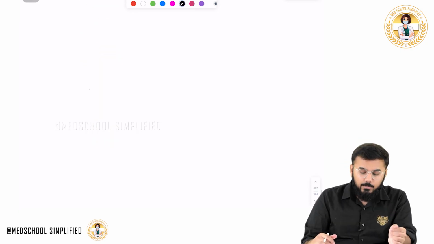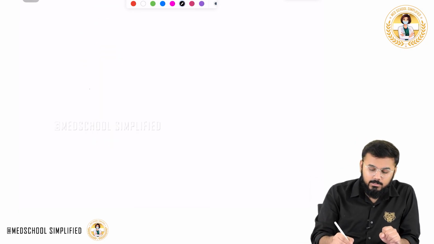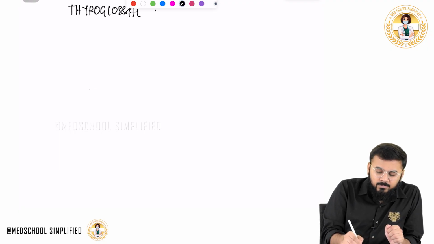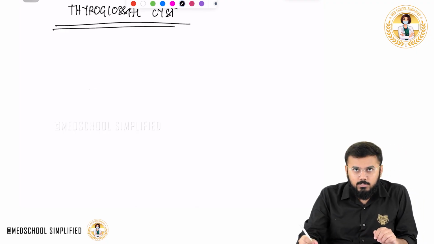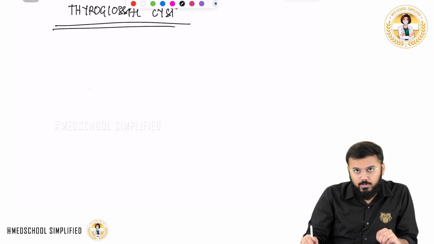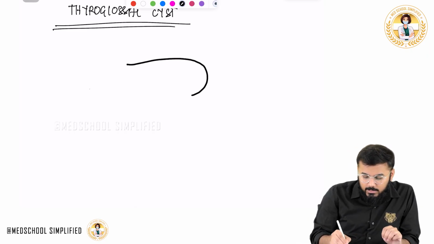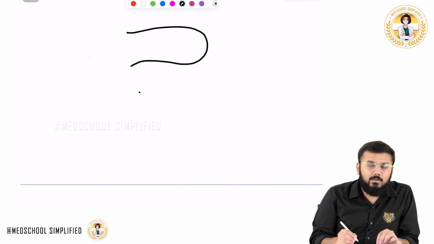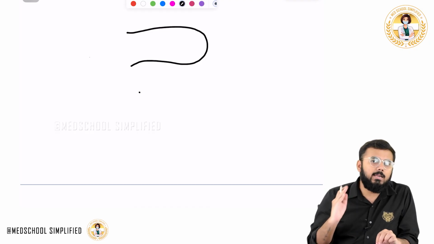Now, one very important clinical point I want to discuss here is regarding a cyst called thyroglossal cyst. Now, what is this thyroglossal cyst? First of all, let me draw a few pictures over here. Let us say this is the tongue. Just beneath the tongue, we are drawing from the lateral aspect.